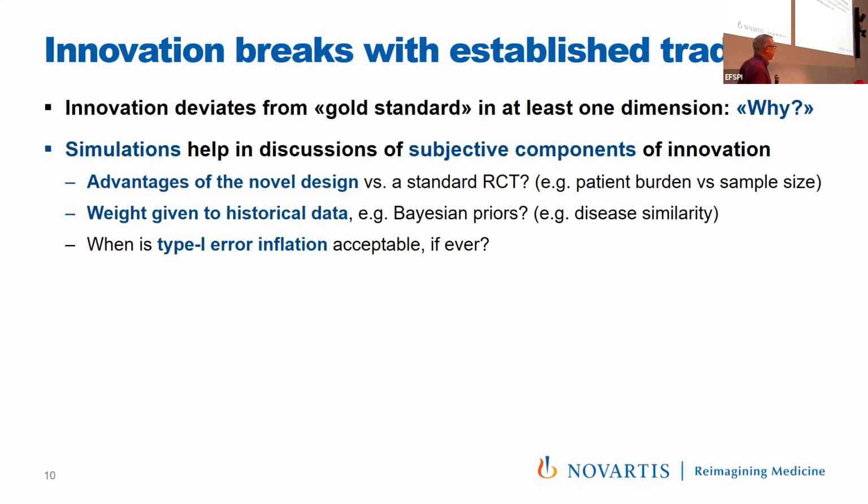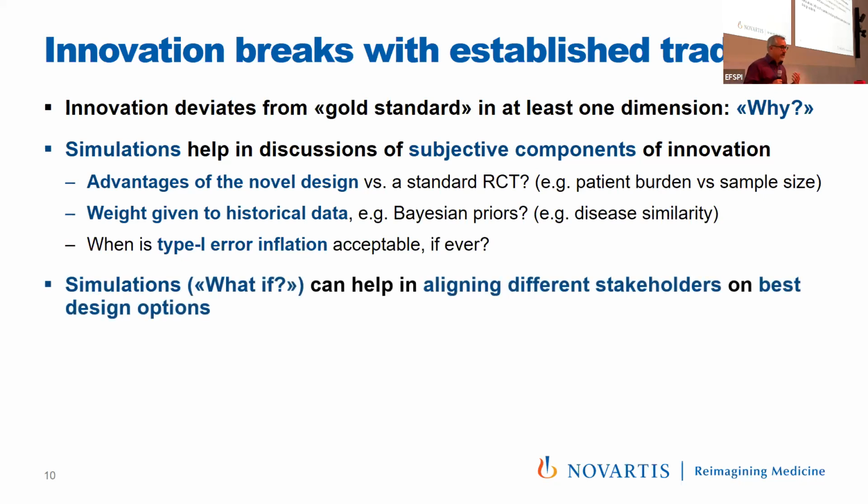Also the weight of historical priors, historical data: how relevant are they? How much weight should be given to the priors? That's not something that at the moment we can sort out in a closed formula. Or when is type 1 error inflation acceptable? Frank and the team mentioned a patient design that's not strictly controlled, but when is it acceptable? It's a bit subjective.